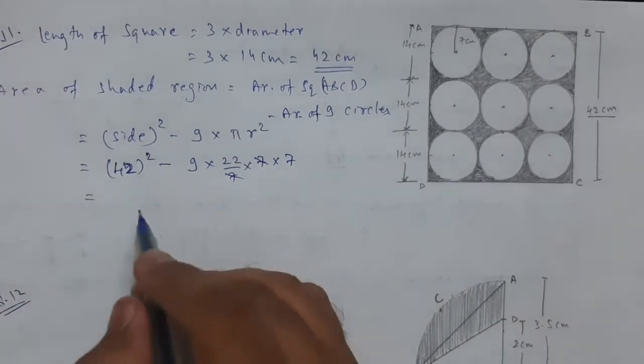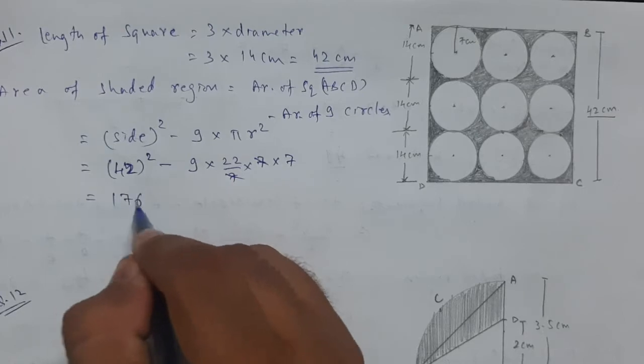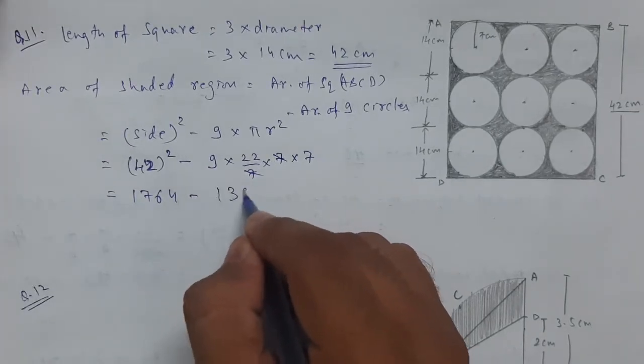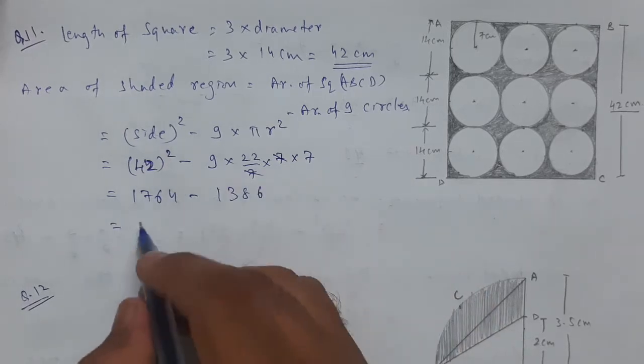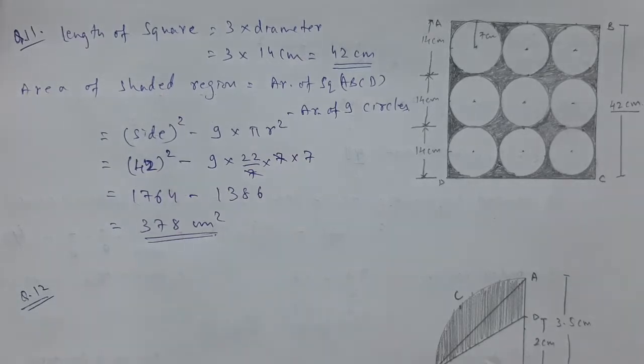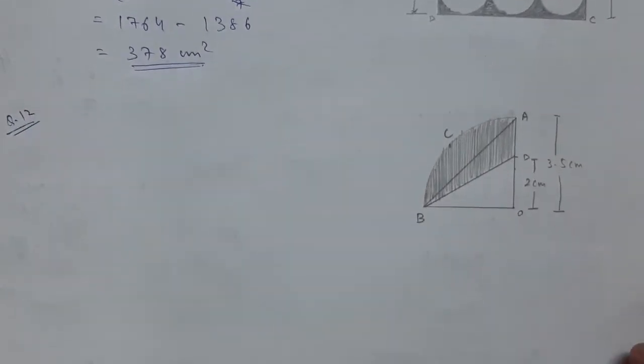So this will yield you 1764 minus 1386, and that is equal to 378 centimeter square. Let us go ahead with question number 12.